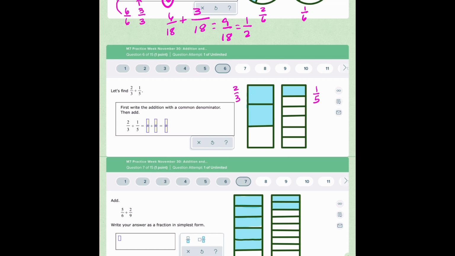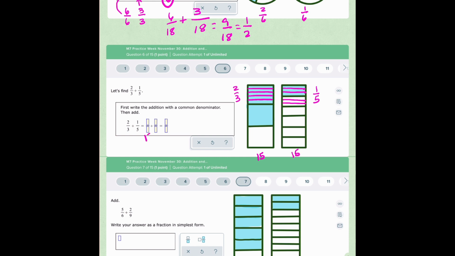So over here, I'll try to draw it for you a little bit. If I cut each piece into 5, I will get 15 pieces all the way down here. And here I'm going to cut each piece into 3. And keep doing that all the way down till I have 15 pieces.